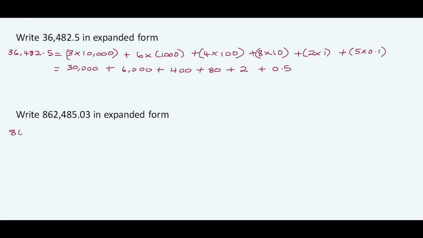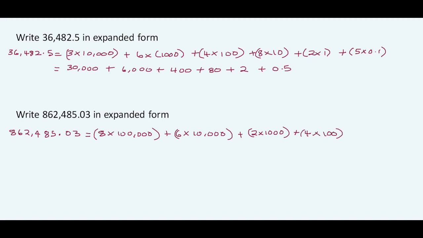Now for 862,485.03, we have 8 multiplied by 100,000 plus 6 multiplied by 10,000 plus 2 multiplied by 1,000 plus 4 multiplied by 100 plus 8 multiplied by 10 plus 5 multiplied by 1 plus 0 multiplied by 0.1 plus 3 multiplied by, now we have 2 digits after the decimal, so 3 multiplied by 0.01.